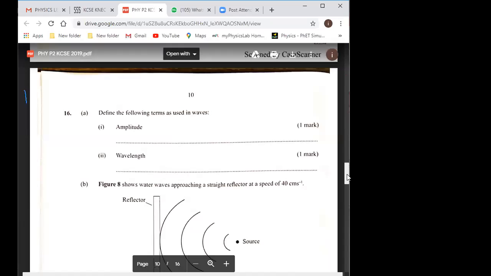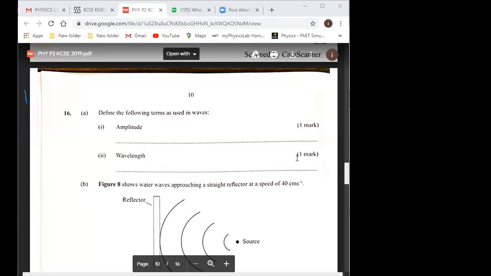What is amplitude? Define the term amplitude. This is the maximum displacement of a wave, either positively or negatively.